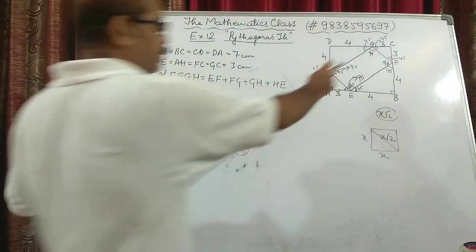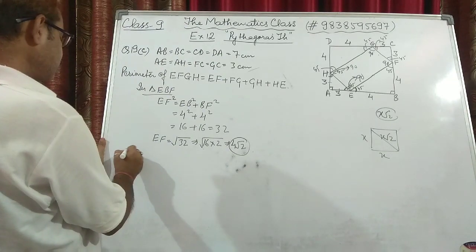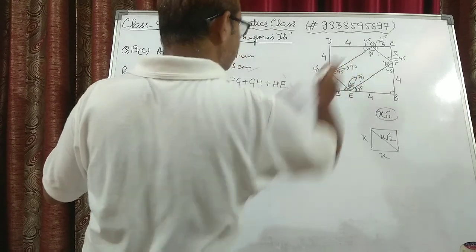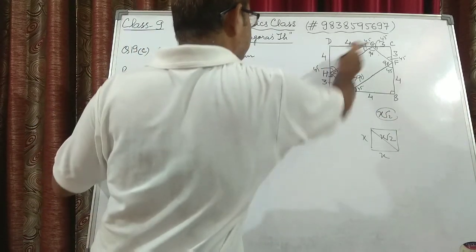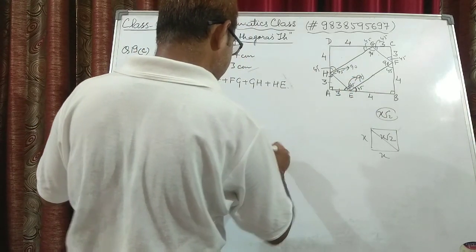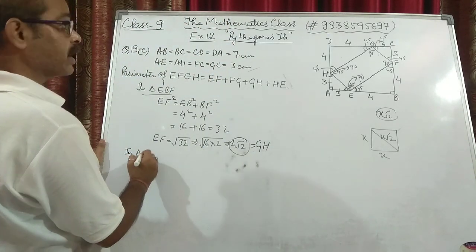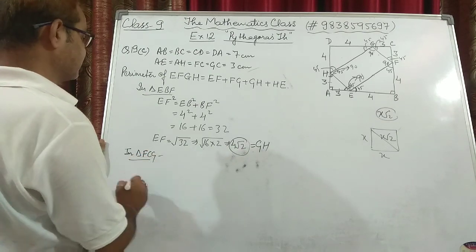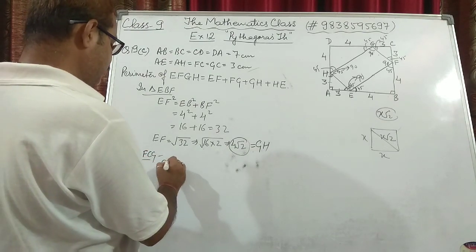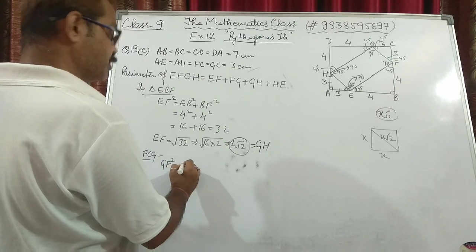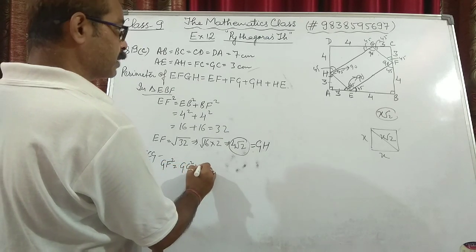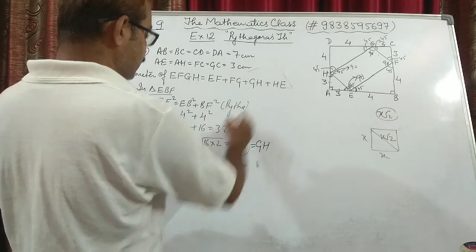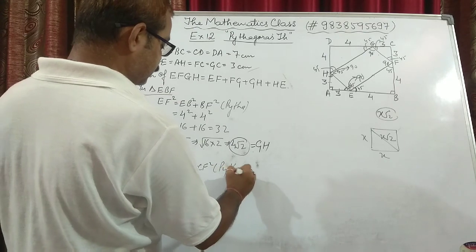Now similarly, I will be solving it for this also. Now EF is equal to 4 root 2 and so EF is equal to GH also. Now in triangle FCG, we can say that GF square is equal to GC square plus CF square, again by Pythagoras theorem.